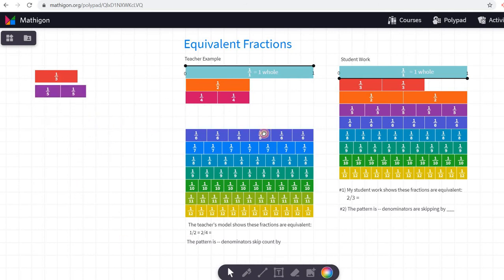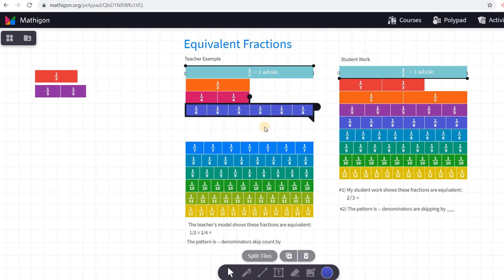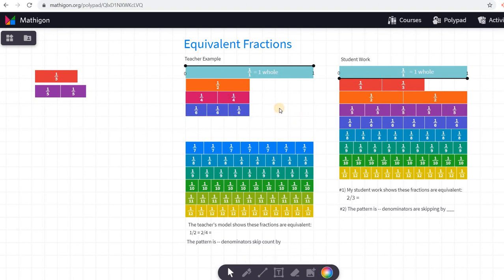And the next one I'm going to do is 6ths. I move the 6ths up. We start with a whole, 6 out of 6, subtract 1. 5/6 is greater than a 1/2. Subtract 1. 4/6 is greater than a 1/2. Subtract 1. And 3/6 is equivalent to 1/2. That's great. We have found one more equivalent fraction to a half.